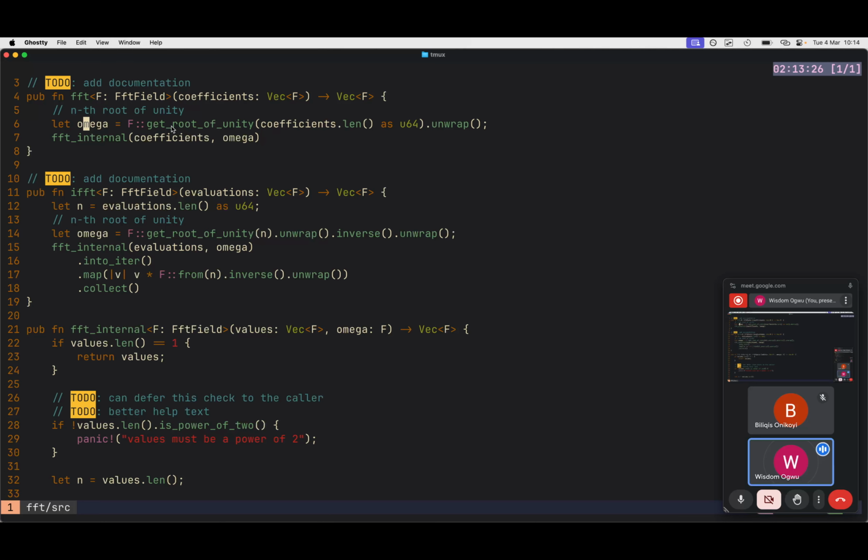Okay. I was saying that Aquox has an FFT field. Should we just run this? Complex numbers, are they not the fields that we're using?